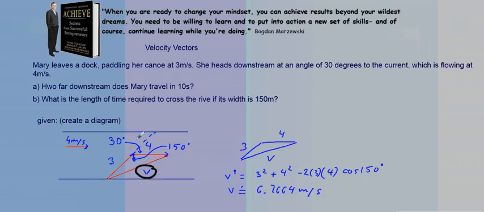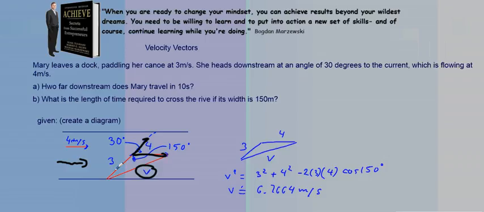So yes, we did create a diagram which represents the river. The flow is from left to right, and the 30 degrees, please note, is in a tail-to-tail arrangement. So her direction relative to the current defines the 30 degrees.